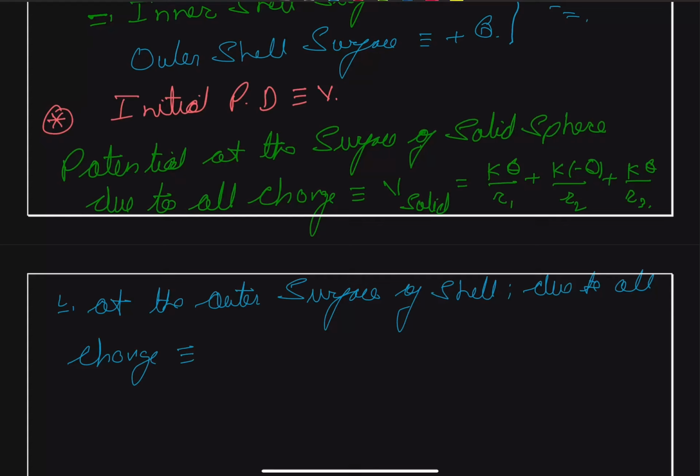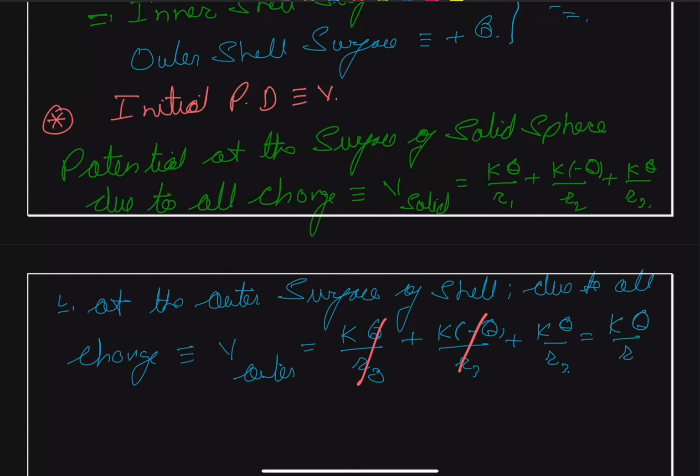Let us call this V outer, and this V outer will be kq upon R3 plus k times minus q upon R3 plus kq upon R3. From here we can easily see that these terms cancel out, so on the outer surface we get kq upon R3.